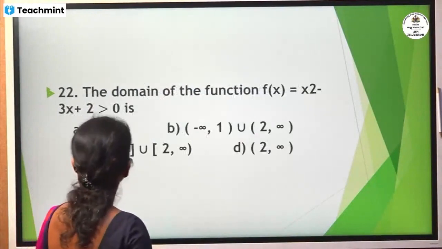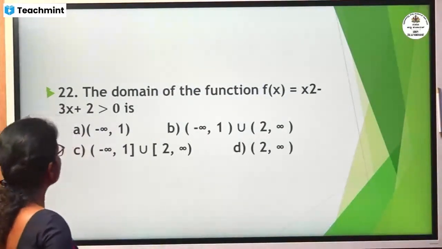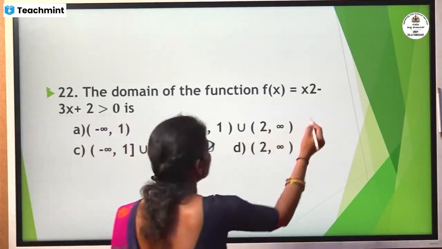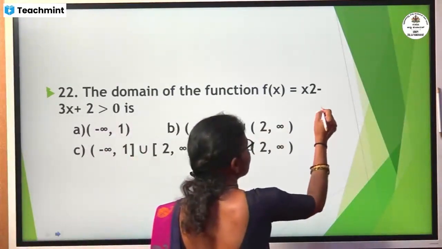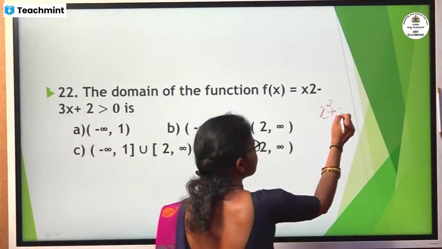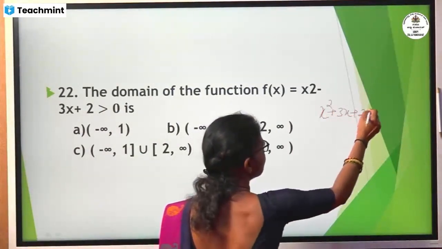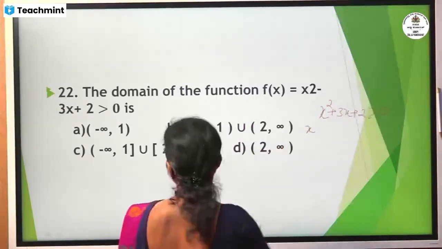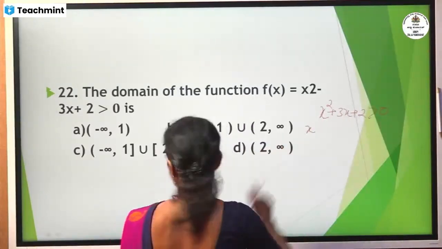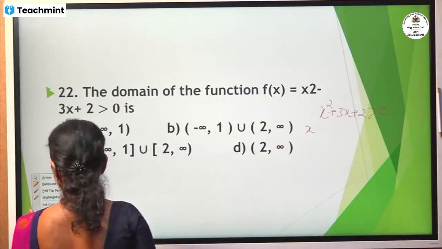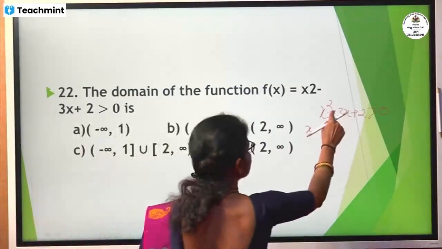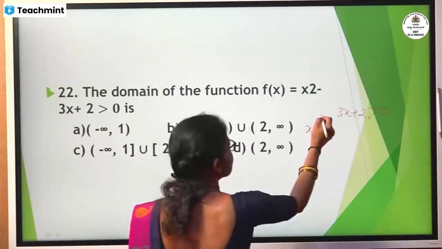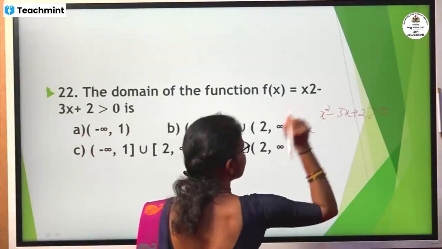Next question. The domain of the function f of x equal to the square root of x square minus 3x plus 2, where x square minus 3x plus 2 is greater than or equal to 0.